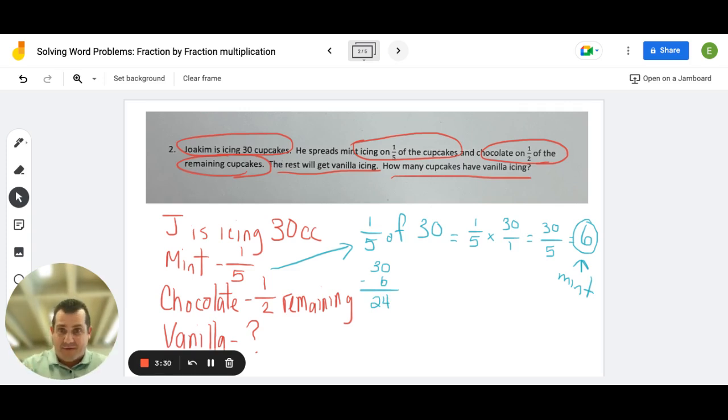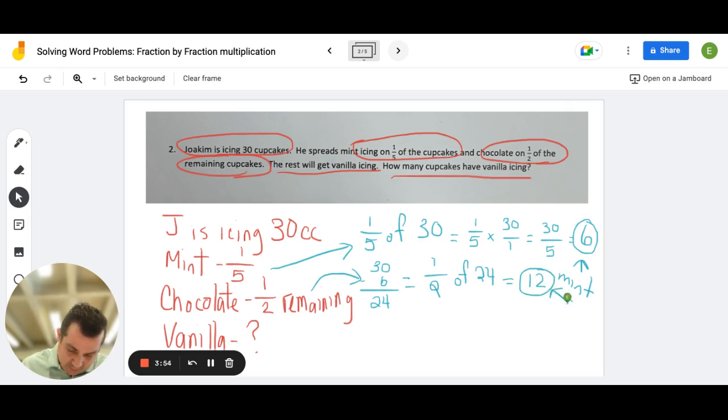Well, 1/2 of them are going to be chocolate. So now I'm going to do 1/2 of 24. All right, so what is 1/2 of 24? A lot of you will just know that 1/2 of 24 equals 12, right?